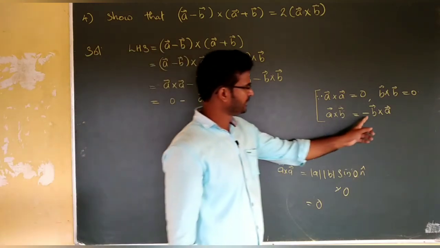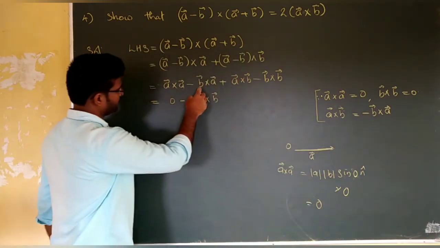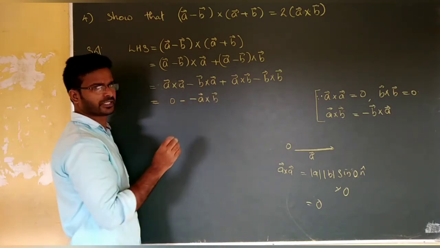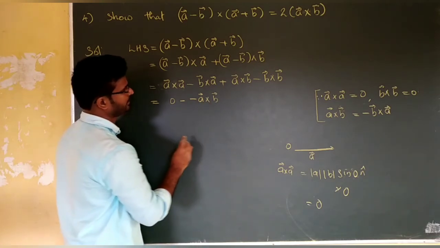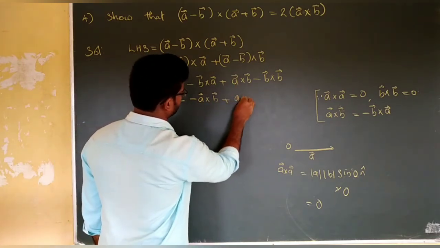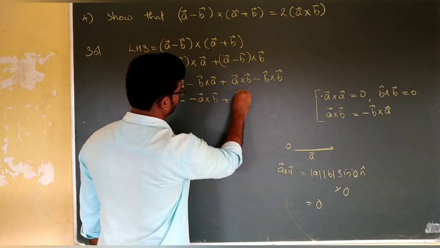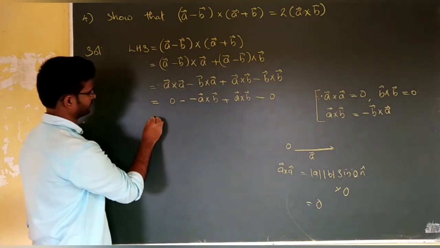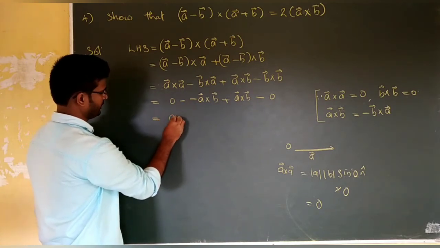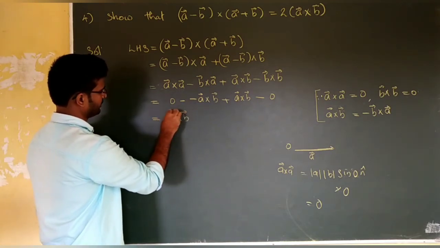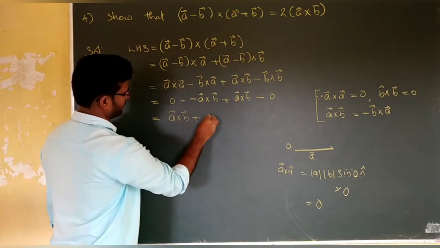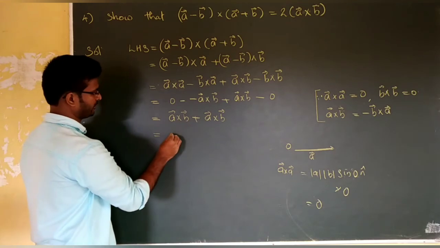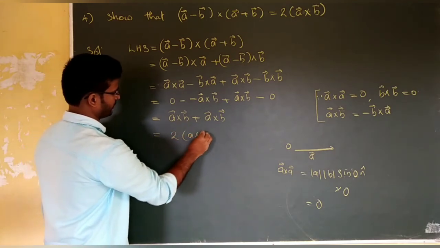Look in here we have to write one minus, so B cross A, when you write A cross B, we have to write one minus, minus A cross B. This part no need to change, A cross B minus B cross B equal to 0. Minus into minus, plus A cross B, again plus A cross B, equal to 2 times repeated, isn't it? 2 into A cross B.